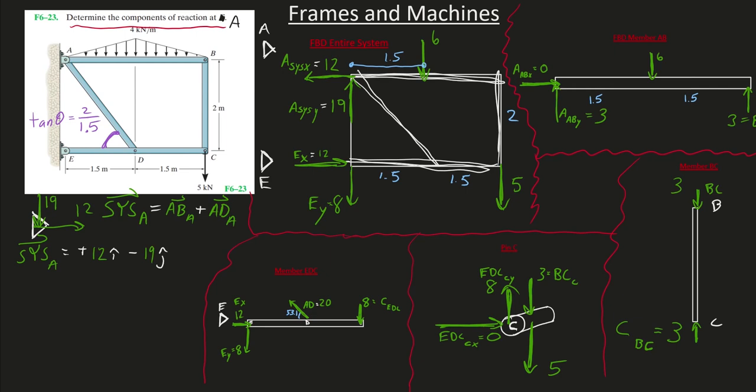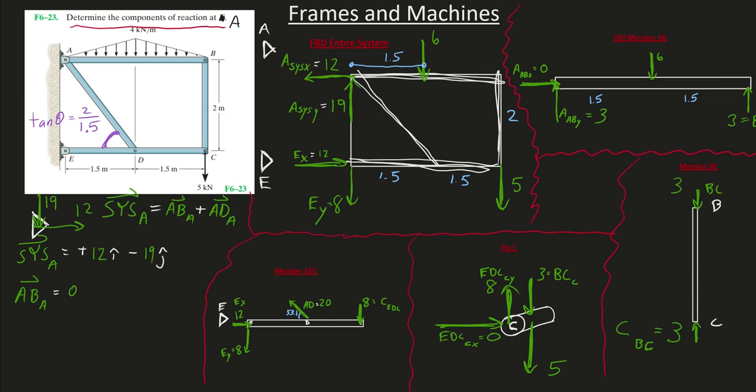Now, the force from AB onto A. Well, looking at our work we've done with member AB, we know that A does these things onto AB. Well, let's just switch that up using Newton's third law. AB will do the same things onto A, just equal and opposite.